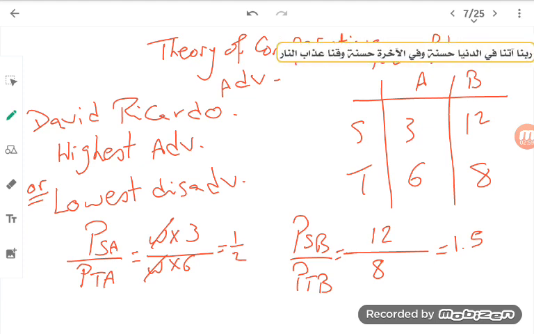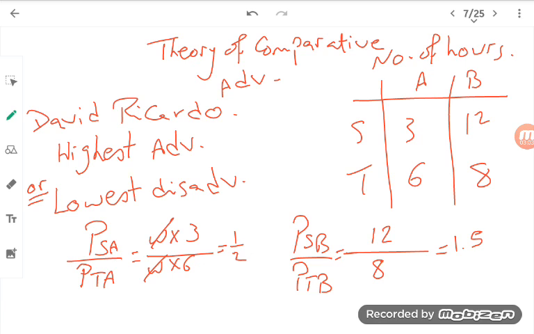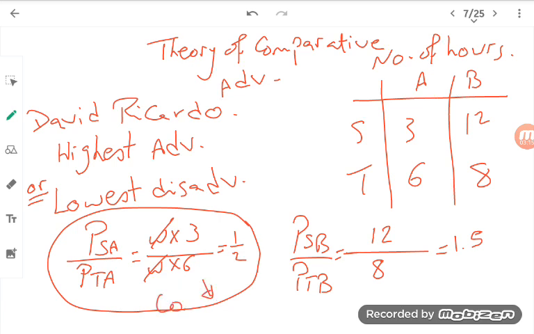So based on relative price, we are going to select the country that has the lowest relative price. From this we can conclude that country A has a comparative advantage in the production of soybeans. So country A will specialize in the production of soybeans.